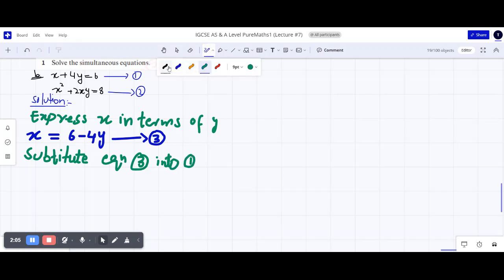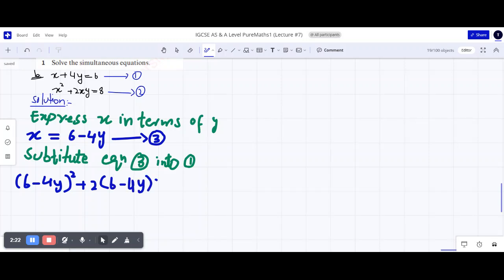Instead of x squared we write (6 minus 4y) whole squared, then plus 2 into (6 minus 4y) into y equals 8.